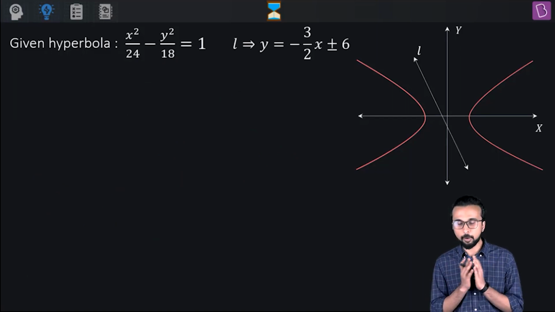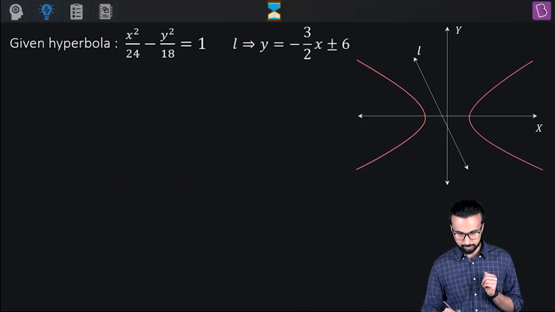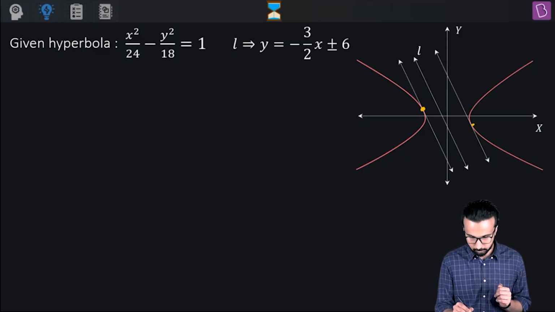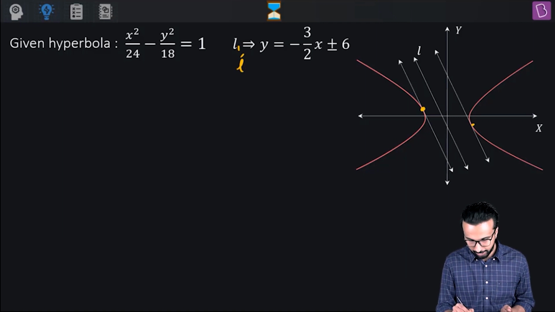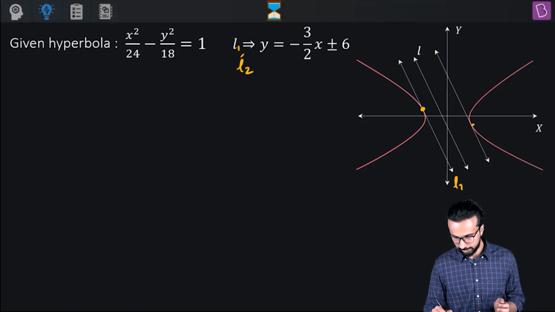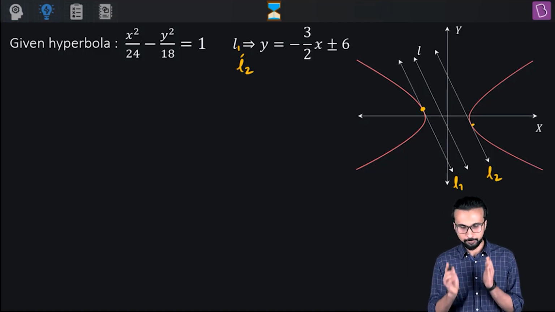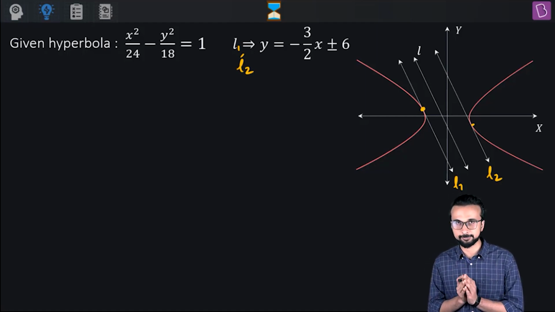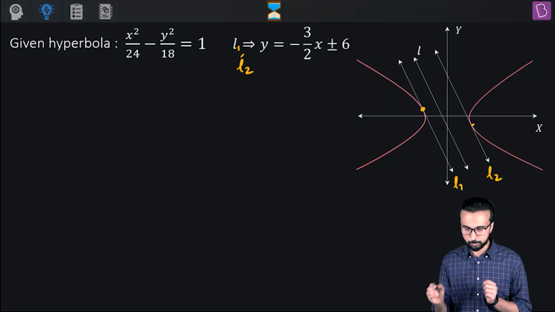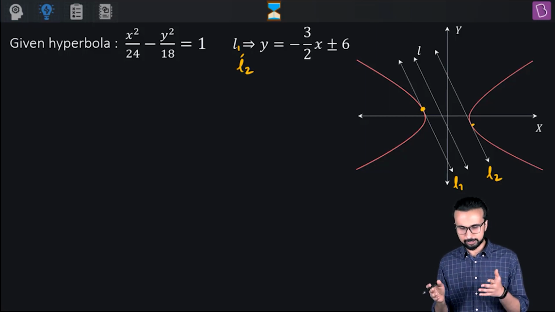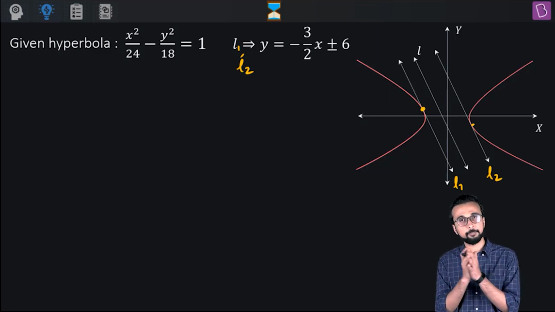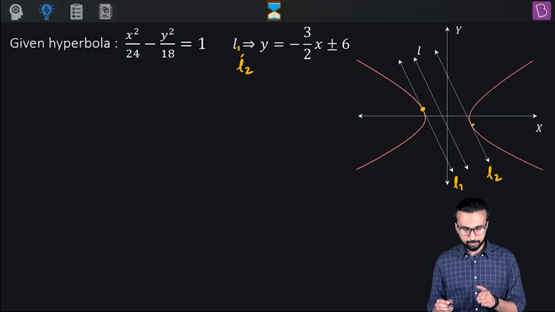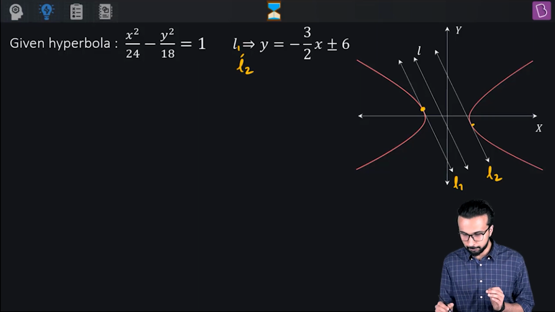The point of contact of these tangents, so it's not L here, it's L1 and L2. L1 and L2 are given by y equal to minus 3x by 2 plus or minus 6. L was 3x plus 2y plus 1. All right. So now we have to look for the point of contact.